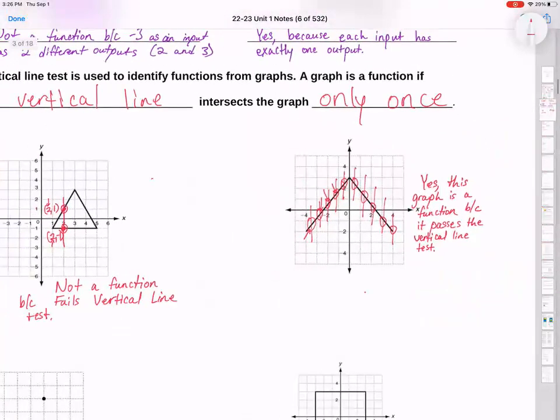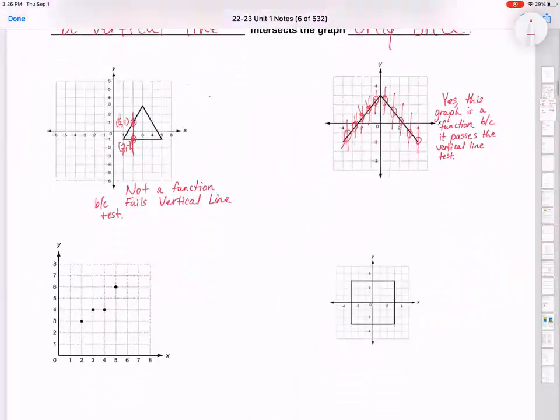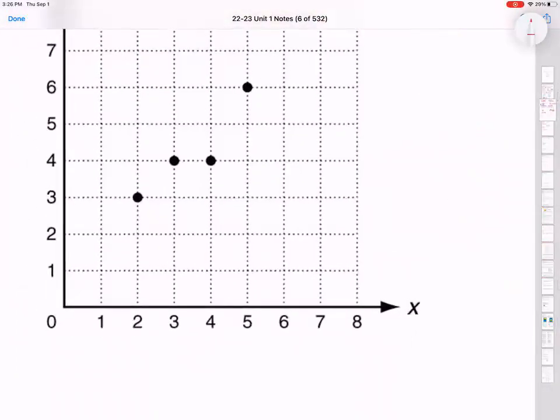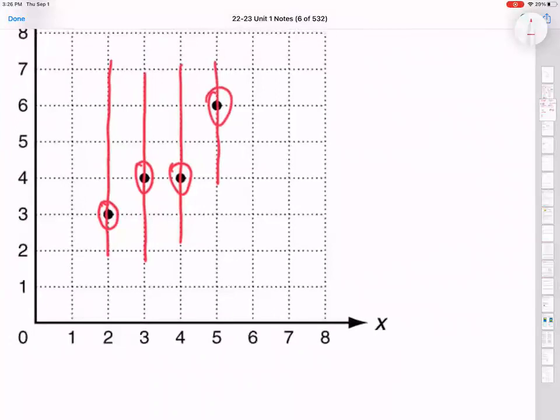So that is really the why the vertical line test works. On this one, if we drew our vertical lines, it only crosses once. Here, only once. Here it only crosses once, and here it only crosses once. So this would, in fact, pass the vertical line test. So yes, this is a function.